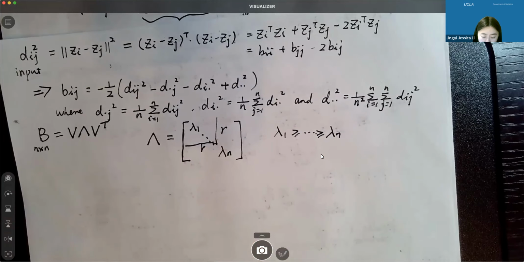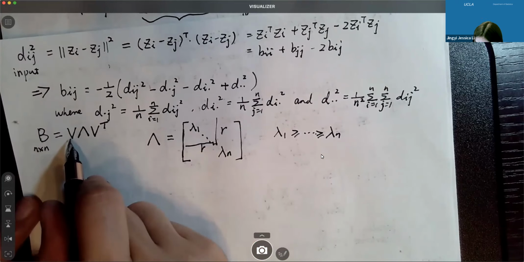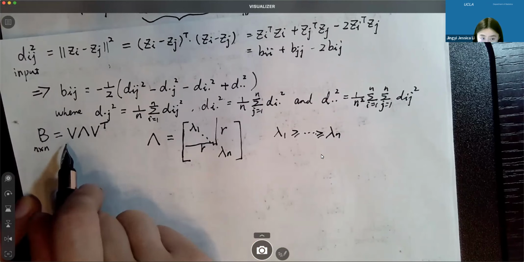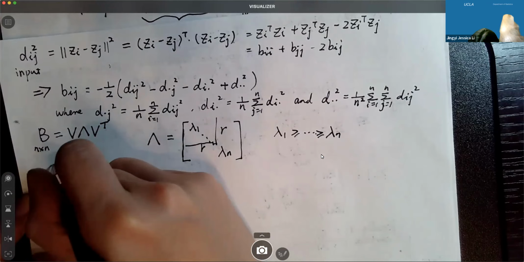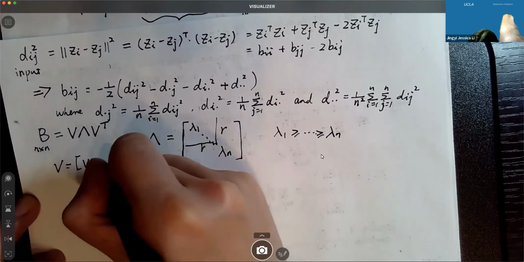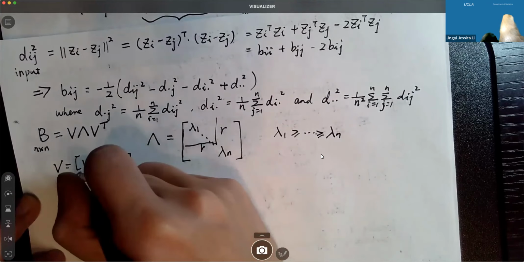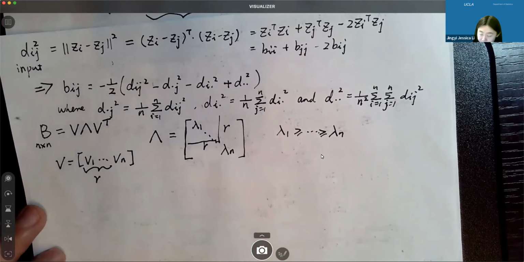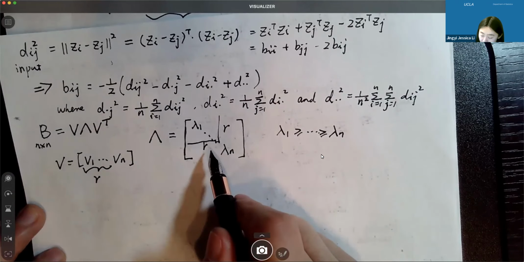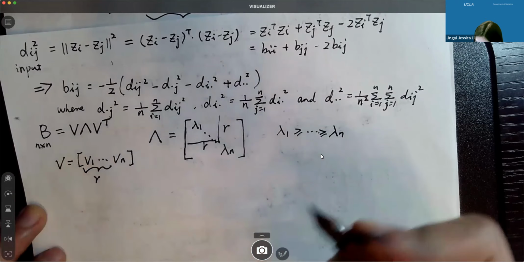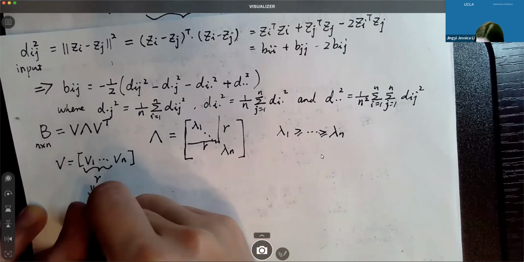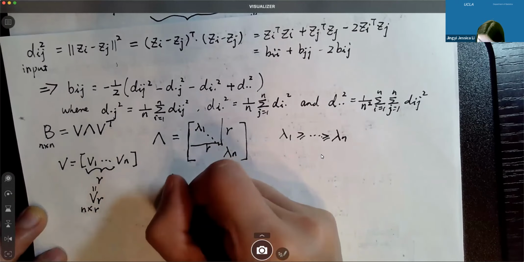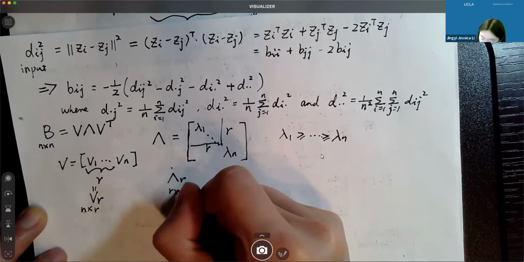We keep only the first r columns of V, v1 to vm, that correspond to those r eigenvalues, and similarly for V transpose. If I define this to be V_r, this is an m by r matrix, and now lambda_r is an r by r diagonal matrix.